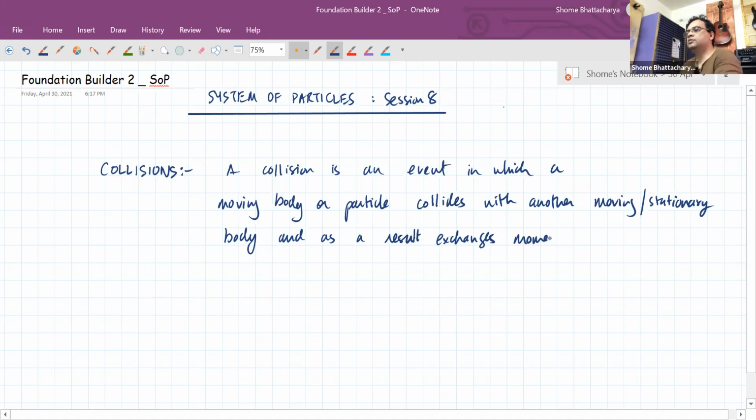So there's a redistribution of momentum between the two colliding objects.